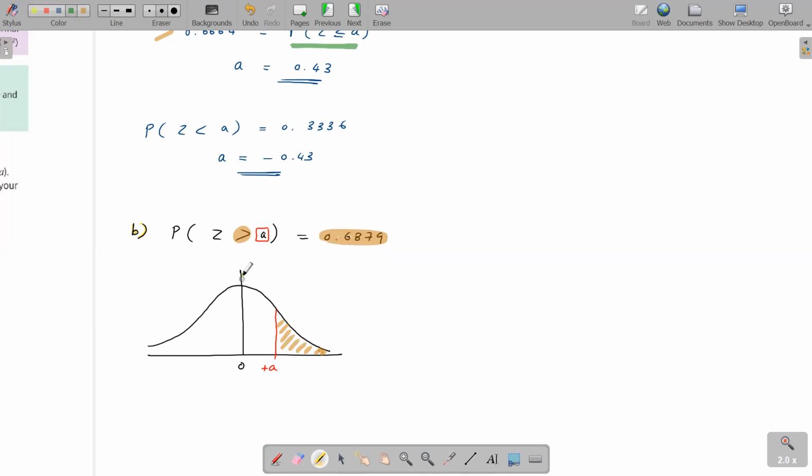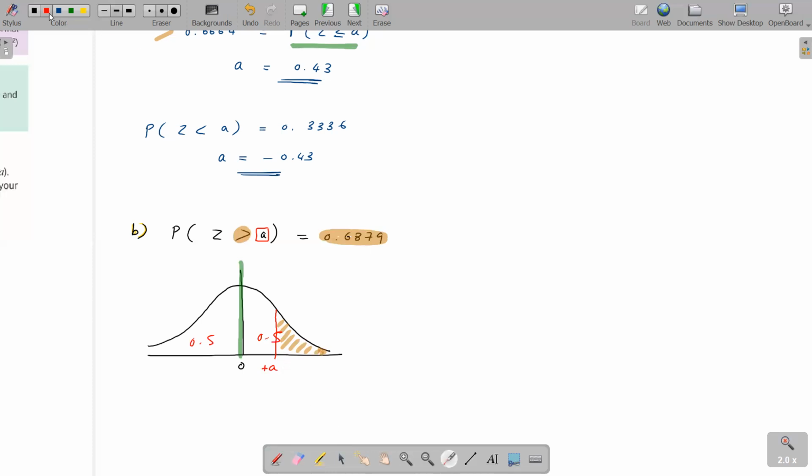Remember, always look from here, because this middle line divides the area exactly in half. You have half the area on either side. So the area I have shaded here is surely lower than half, right? Because the middle line divides the area into half and half. So this area is definitely lower than half. Do you agree with me?